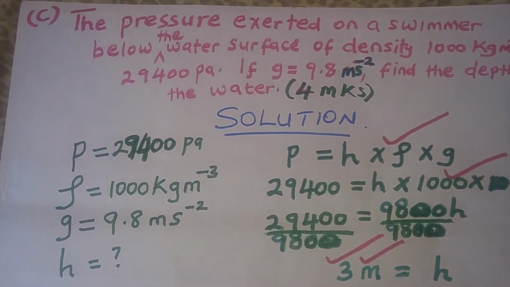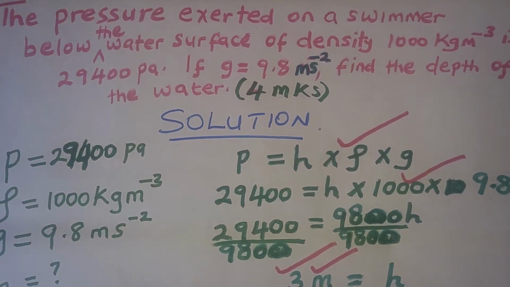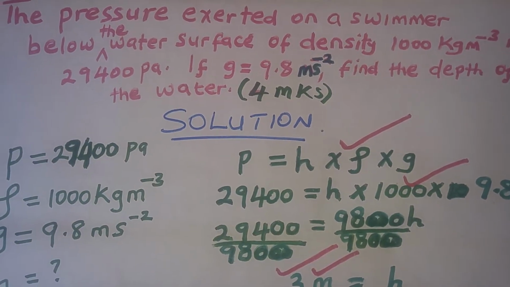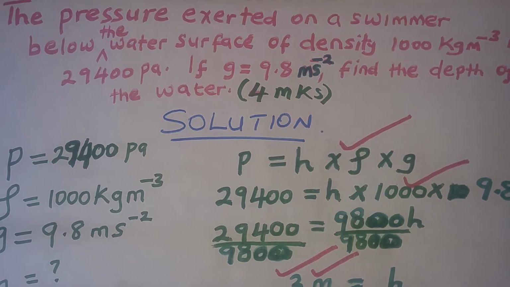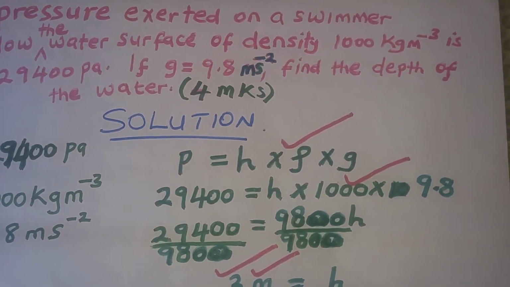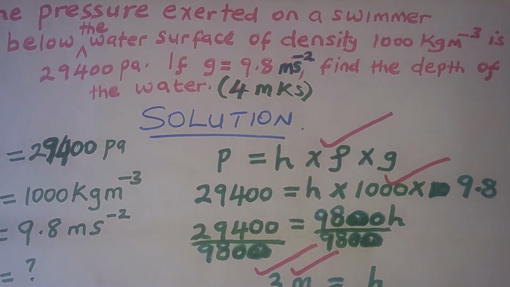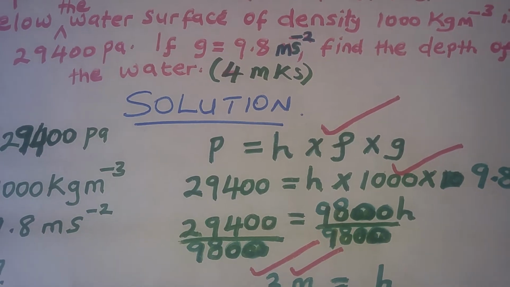Let's look at part C of the question. It reads: the pressure exerted on a swimmer below the water surface of density 1000 kilograms per meter cubed is 29,400 pascals.